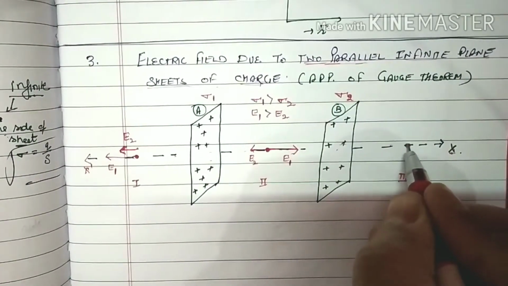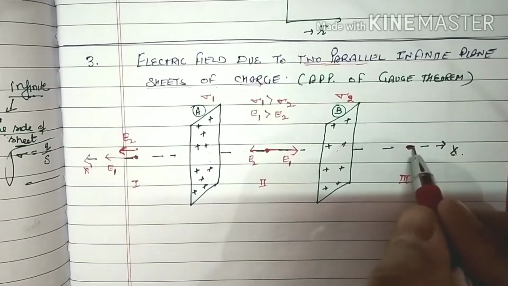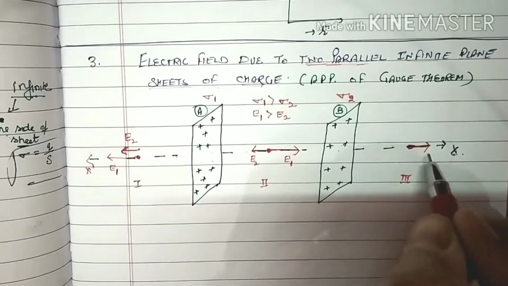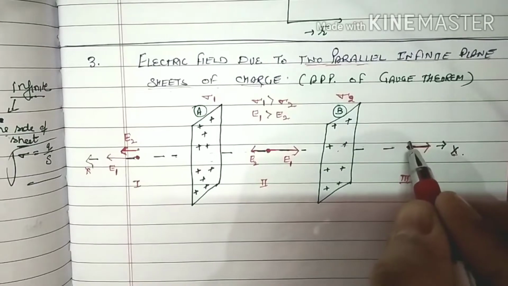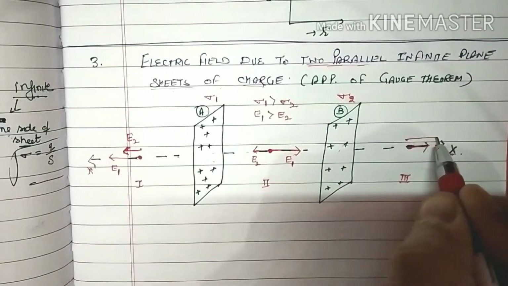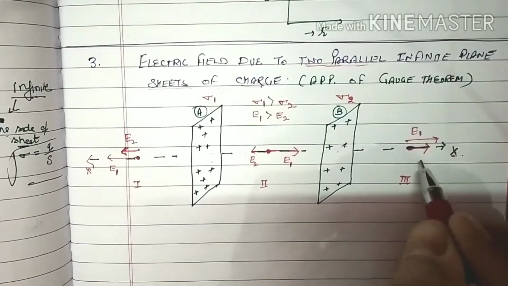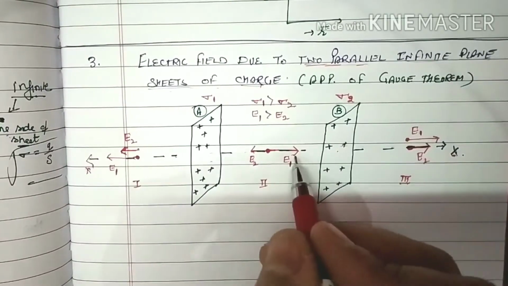Suppose this is the point where we want to find the electric field. Here, due to plate B, the electric field is toward the positive x-axis but with a small arrow, and due to plate A this is the direction of the electric field, E1, and this is E2. So these are the directions of the electric field.